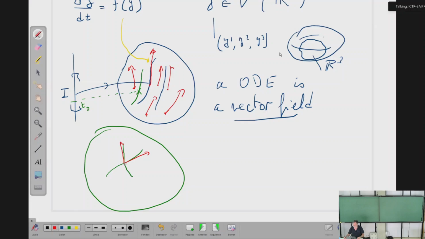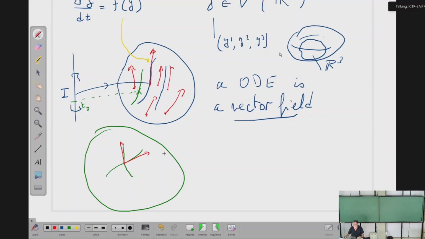But it could be that this point is 0. All right? So can I have a curve that crosses like this and crosses like this if the vector field here is 0? And the answer is no. We will have to work harder, but basically we are going to have uniqueness with this Lipschitz condition.